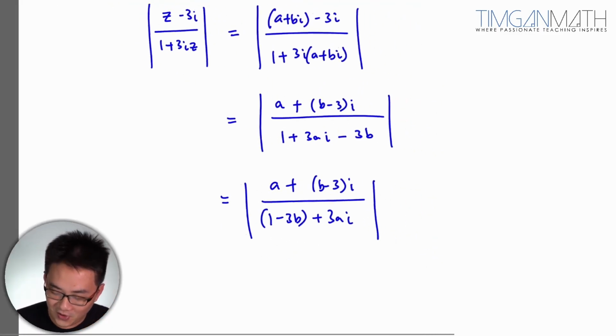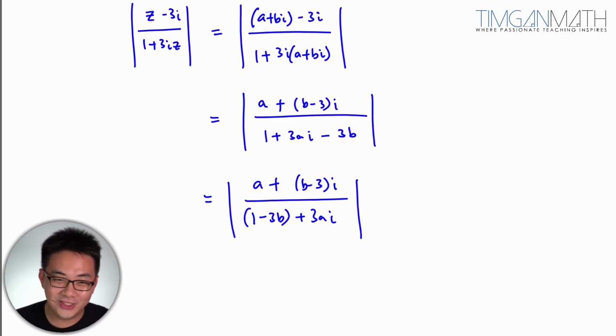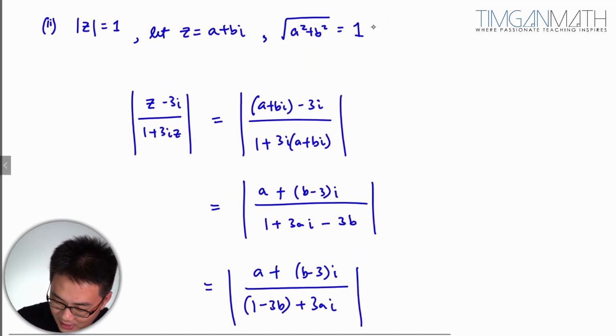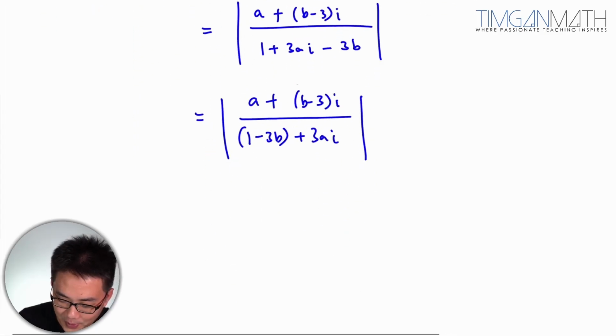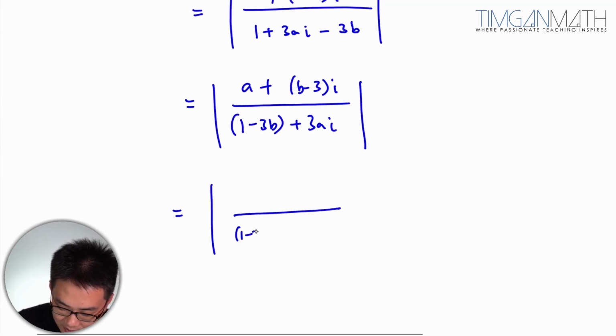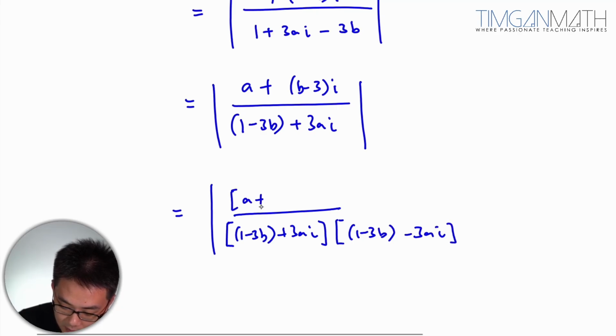Once this is done, we are going to expand this. a square plus b square equals 1 square. So we just try. That's why it's 5 marks. We are going to multiply by the conjugate of 1 minus 3b plus 3ai, that is 1 minus 3b minus 3ai, and just be very mindful of the manipulation here.